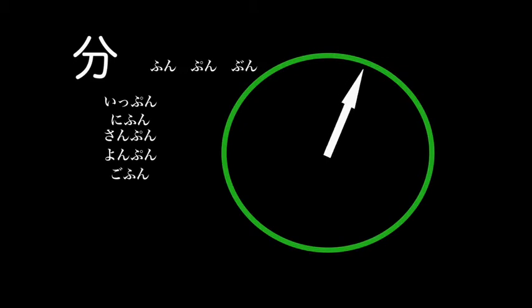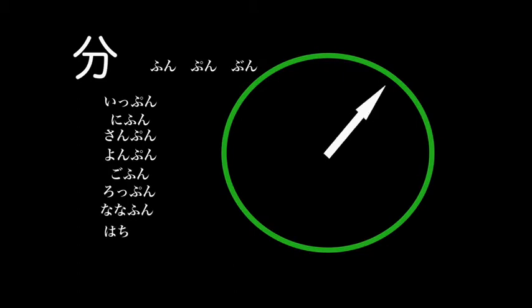5 minutes. Gofun. Whenever you end in 5, we always say fun on the end. Roku changes to roppun. Roppun, 6 minutes. Nanafun, simply nana in front of fun, nanafun, 7 minutes.